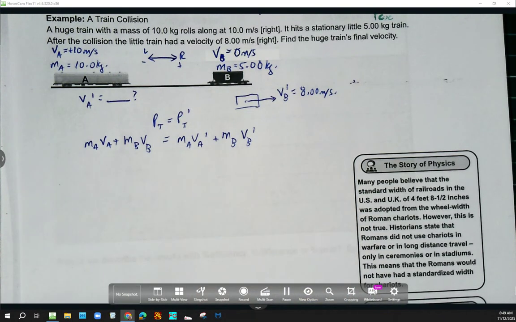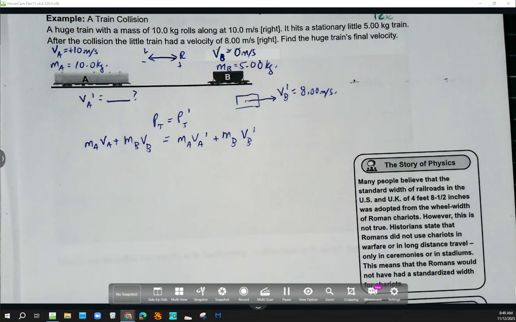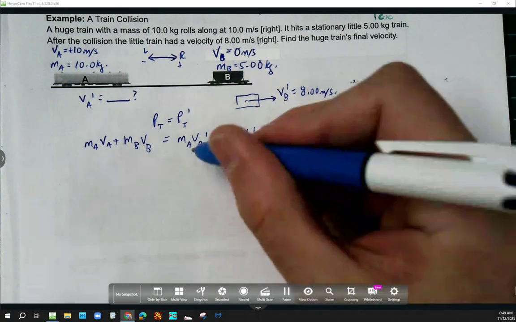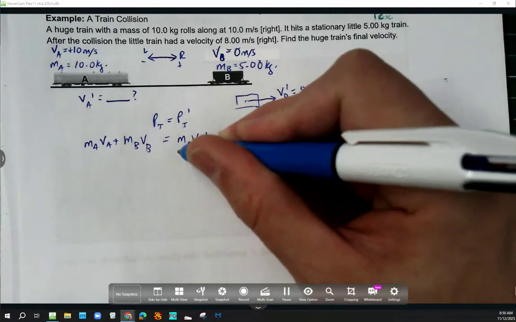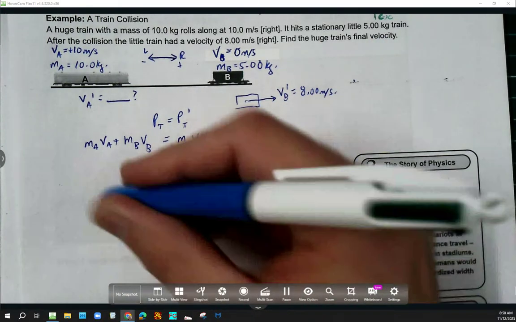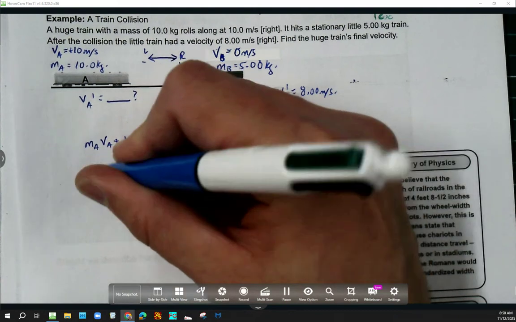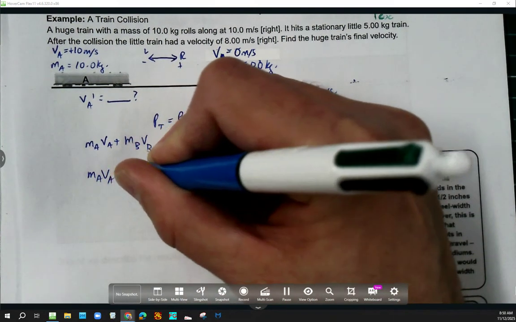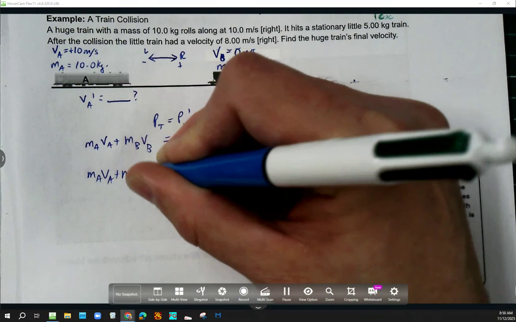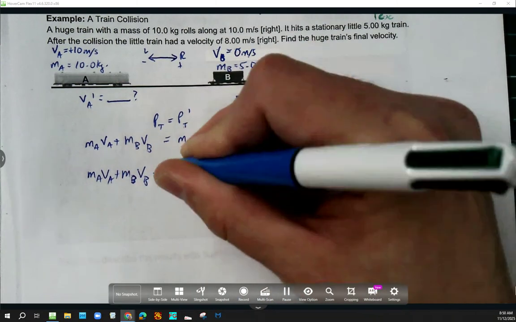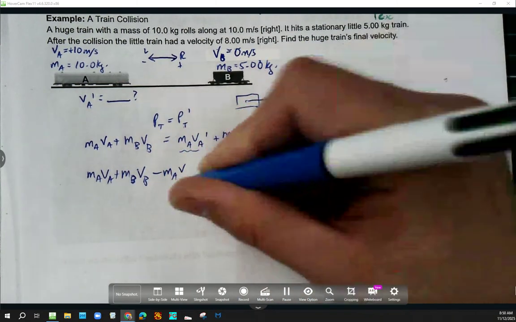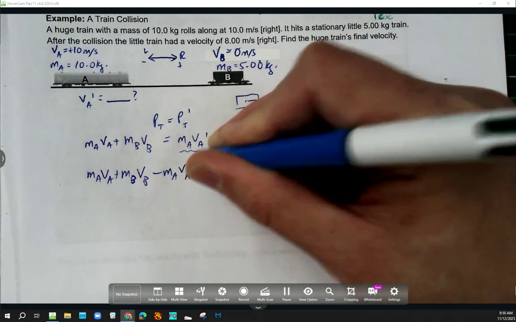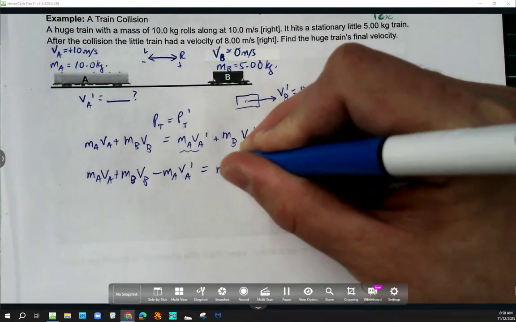So I'm going to do a math step here where I take one term over to the other side. I'm going to say, all right, MA VA plus MB VB minus MB VB primed is equal to MA VA primed.